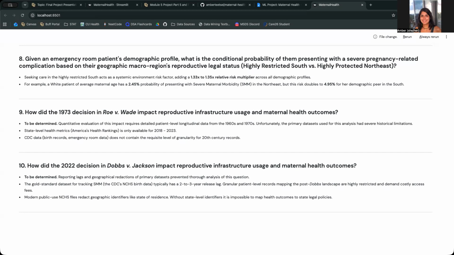There is a standard 2 to 3 year reporting lag for finalized federal health microdata, and the CDC heavily redacts state-level identifiers in modern public use birth files to protect patient privacy. Furthermore, tracking long-term clinical trends like medical network erosion or OB/GYN transition requires longitudinal data that is still unfolding. I'm constrained here by data availability, but the proxy metrics used do still point to a clear trajectory.